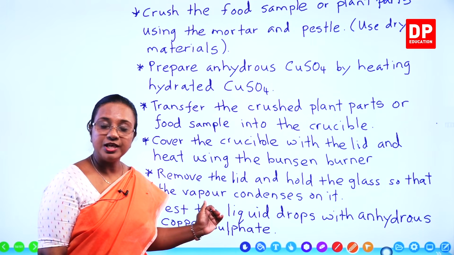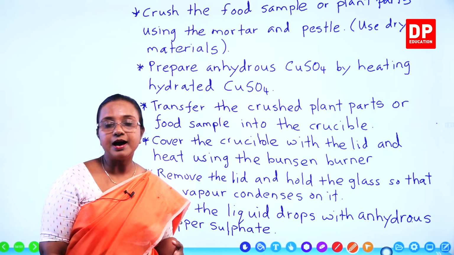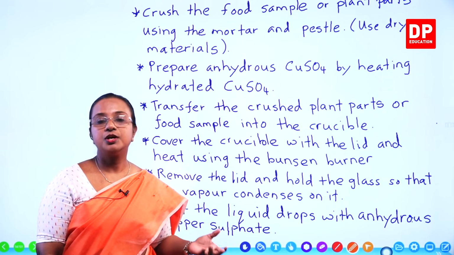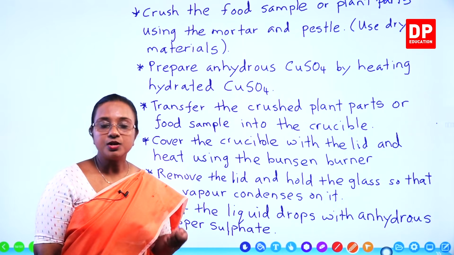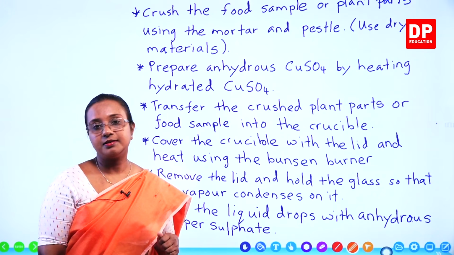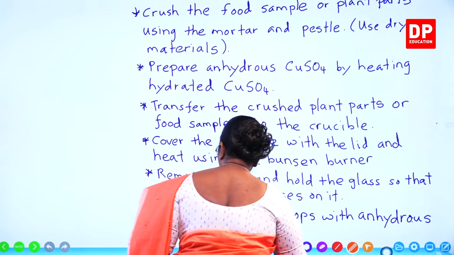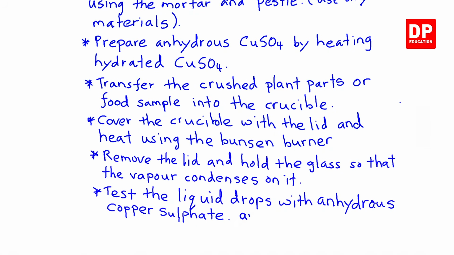In addition to that, I told you all that we can use anhydrous cobalt chloride. So we can also test the liquid drops with anhydrous cobalt chloride. So I will add that also here.